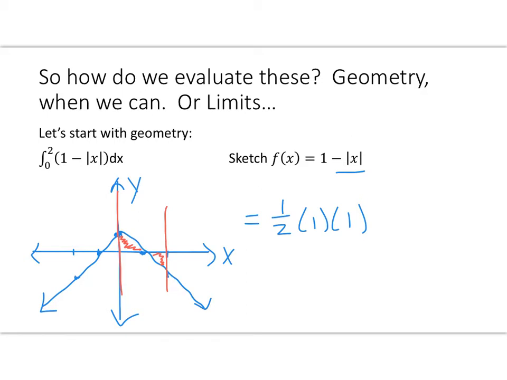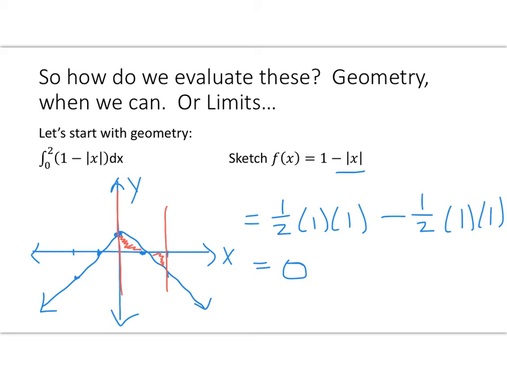And then the second one, which is below, I'm going to say minus, it's also 1/2 times 1 times 1. So this area works out to be 0. The total net area is 0 because the region above the x-axis and the region below the x-axis are the same size, so they're adding up to 0. So the net area here is 0.